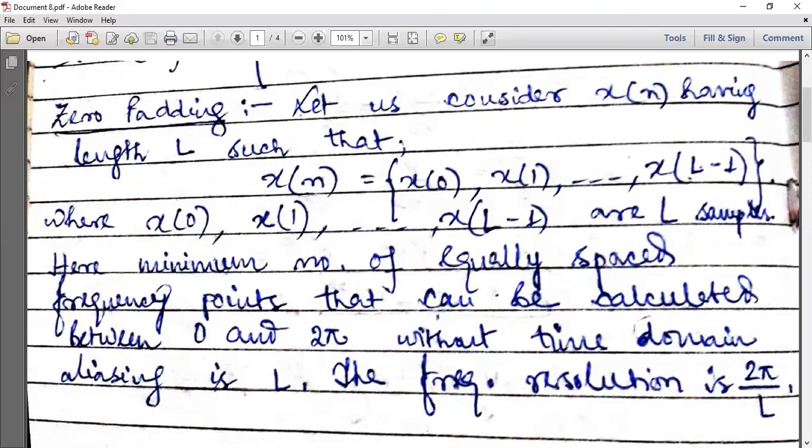is L. So what do you mean by time domain aliasing? It's a new term for you, aliasing. We call it the aliasing effect. So what is it? In signal processing, aliasing is an effect. It causes different signals to become indistinguishable when sampled.